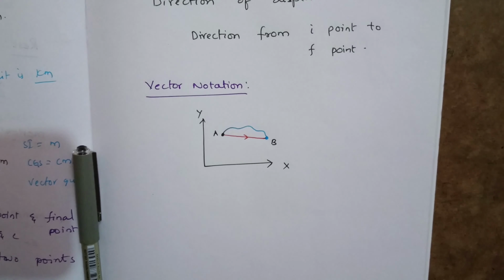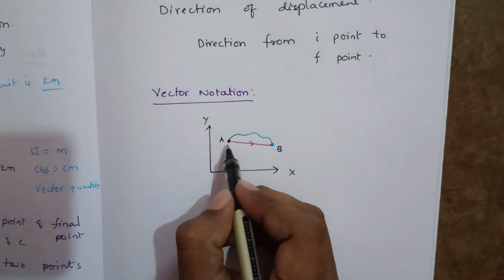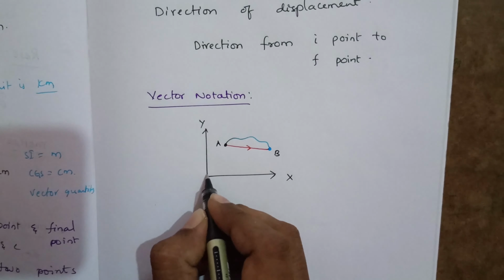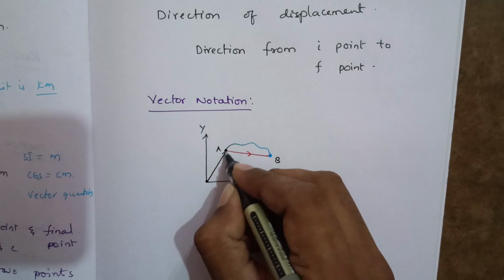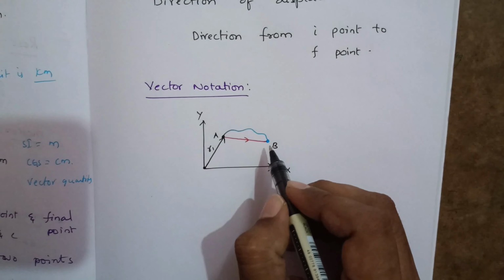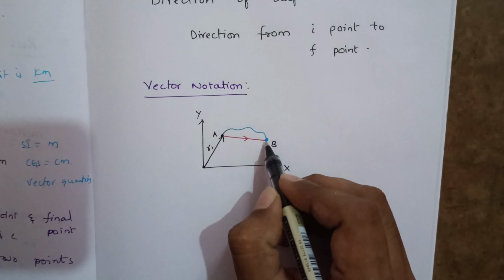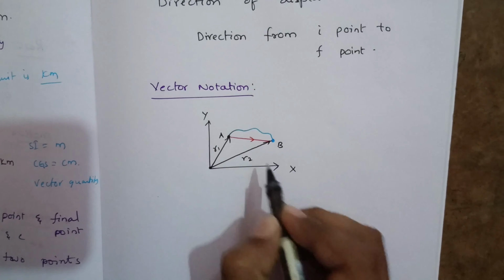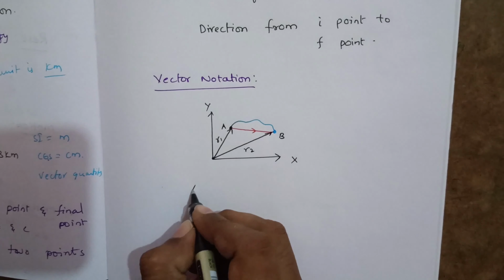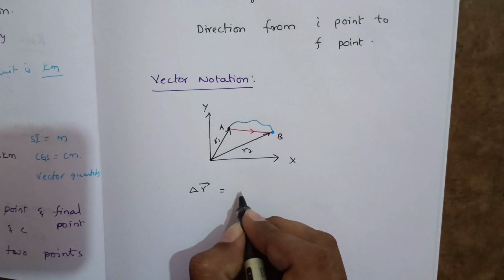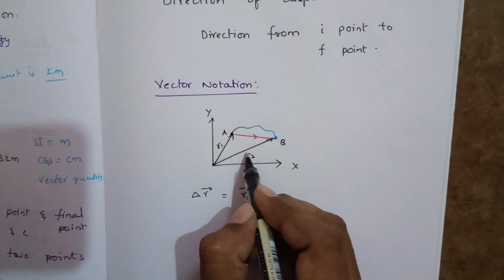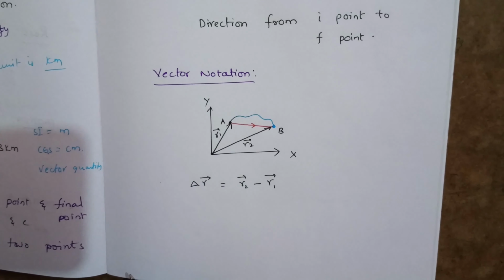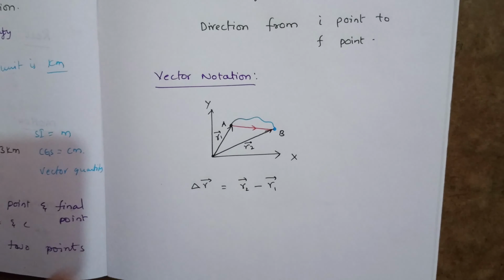The position of point A with respect to the origin we can take as R1, and the position of B with respect to the origin as R2. So the displacement vector equals final position vector minus initial position vector. Like this we can represent it.